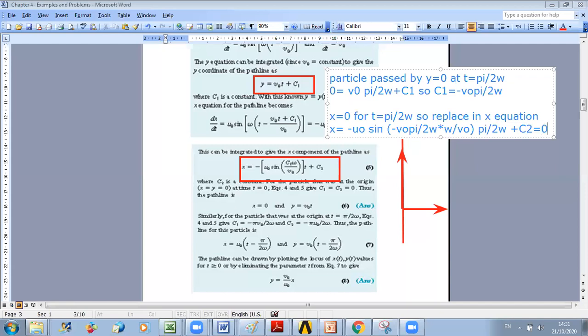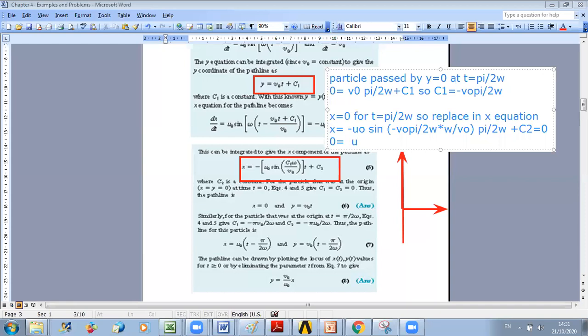So now, if you look at your equation, as we said, omega and v0 are simplified. So you get that x is equal to, or 0, because we are applying at the corresponding time, 0 is equal to minus u0 times sine of minus pi over 2. Sine of minus pi over 2 is minus 1, and you already have a minus outside, so a minus times a minus is plus.